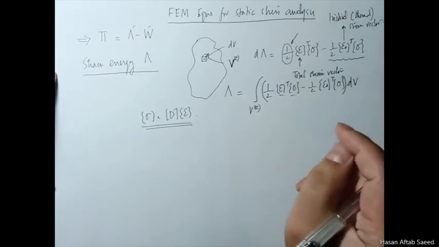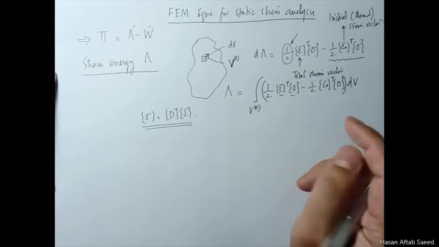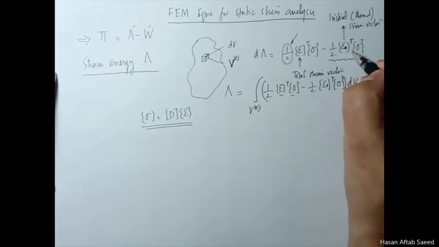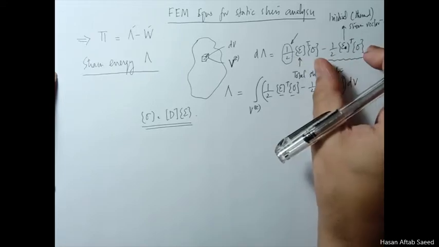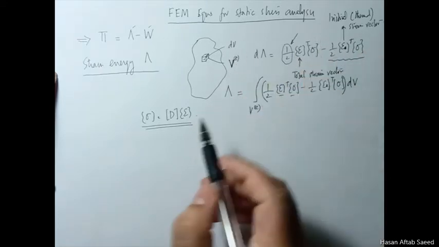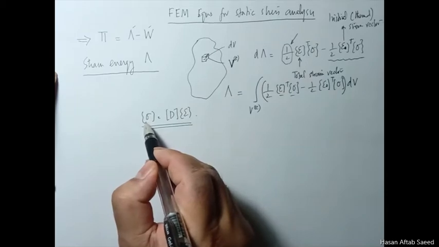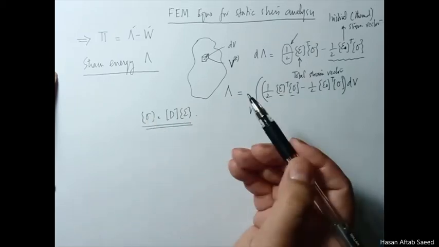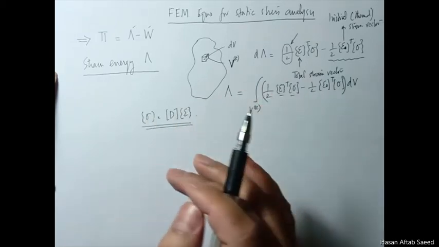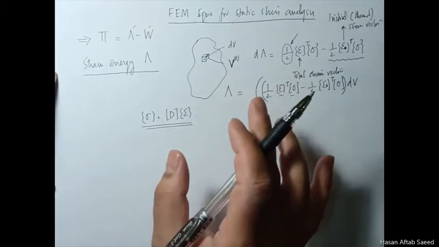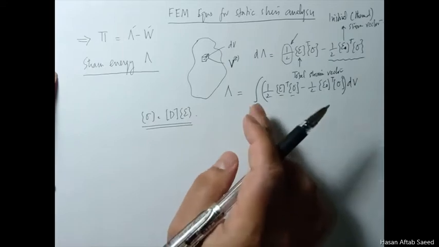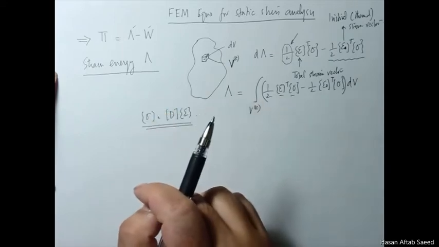But one thing before we do that: just like we subtracted the initial or thermal strains from the total strain to get mechanical strains, here also the relationship between stresses and strains, that is Hooke's law, is between stresses and the mechanical strains, not total strains, because thermal strains have nothing to do directly with the stresses.